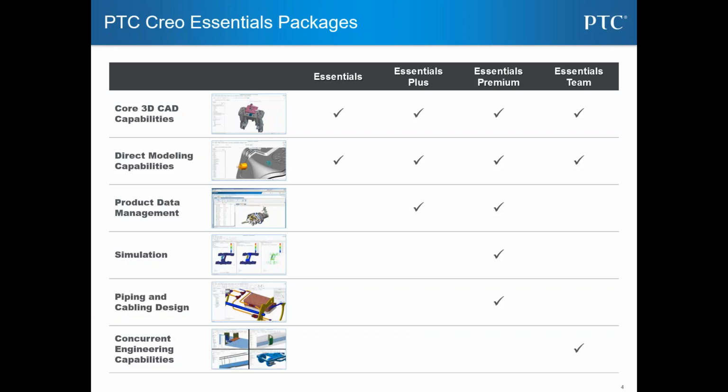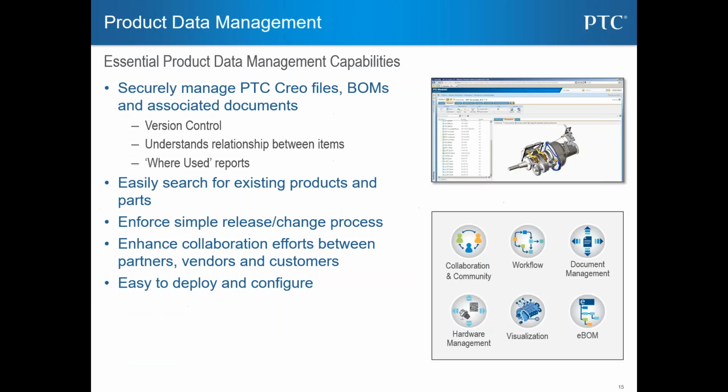Essentials Plus includes product data management with Creo Windchill Essentials, and Essentials Premium includes some simulation capabilities as well as piping and cabling. And Creo Essentials Team does not include the product data management or simulation or piping and cabling, but does include what's called advanced assembly for concurrent engineering capabilities.